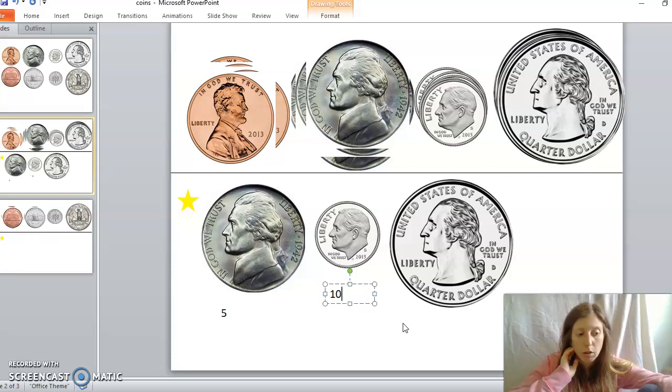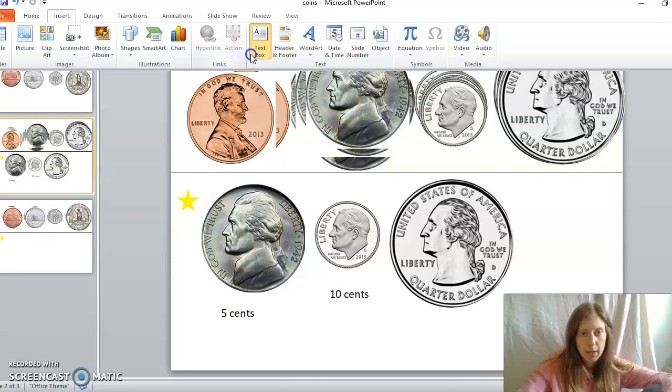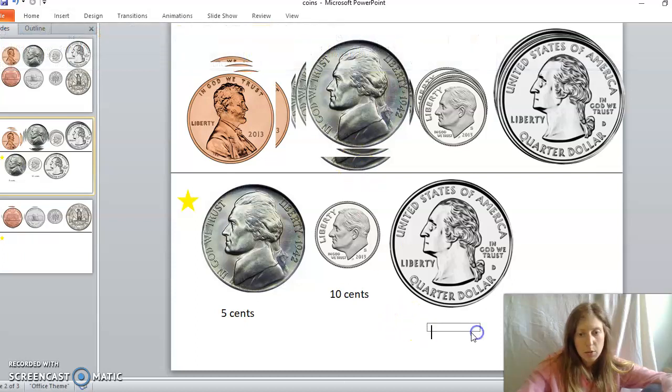We know that it's cents, so we'll just write it. We want to always label it. And then the quarter, which we went over, is going to be 25 cents.